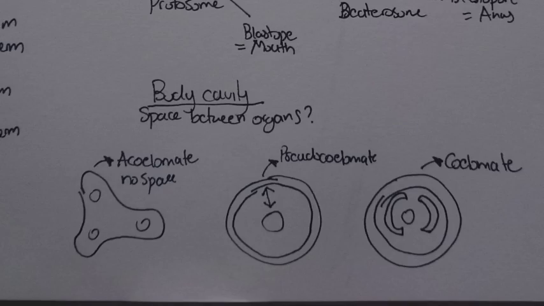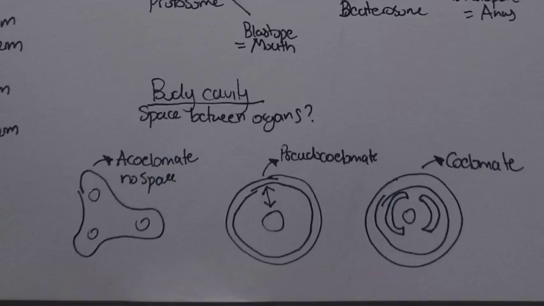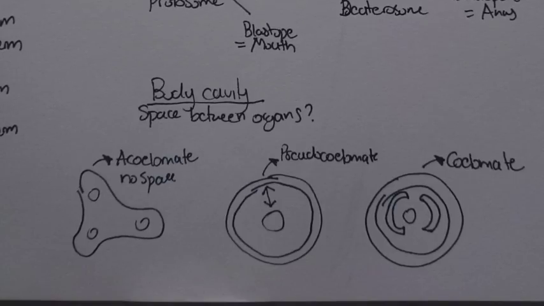Body cavity, so if they have a space between the organs or not. There's 3 types. Acoelomate, they have no space. Pseudocoelomate, their body cavity holds organs loosely in place.